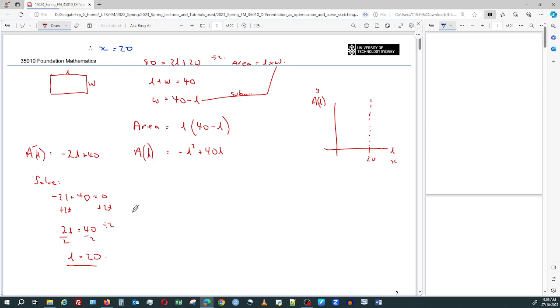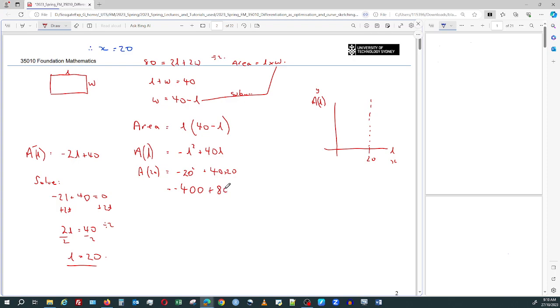Okay, now to get that, we would need to put our 20 in, and we would have minus 20 squared plus 40 times 20. 20 squared is 400, so minus 400 plus 800 is the area.